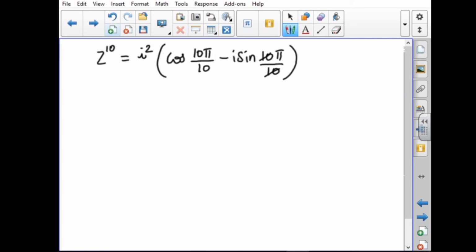So cancelling 10, i square is minus 1, cos pi is also minus 1, and sin pi is 0. So what is minus 1 into minus 1? It is nothing but plus 1. So we got the answer for the problem. I have taken the final simplification as Z power 10, so the answer for this problem is 1. Now let us move to problem number 4.